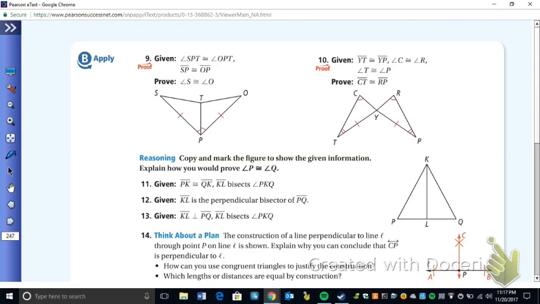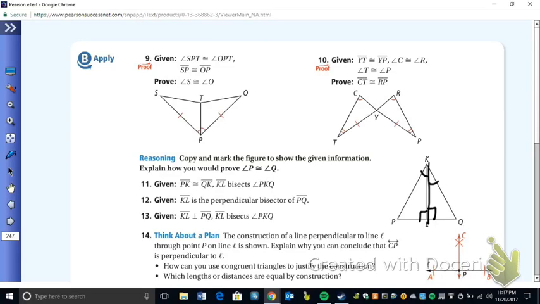So finally, we're told that KL and PQ are perpendicular to each other. So they've got the 90, and we're also told that KL bisects angle PKQ. So remember, bisects means cuts in half, and halves are equal to each other.